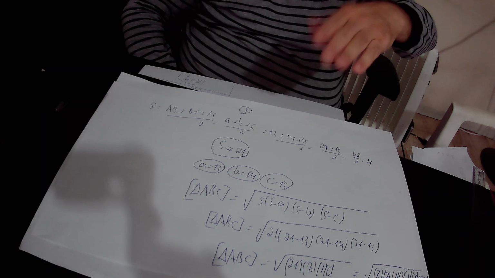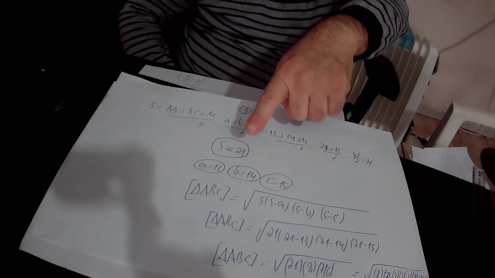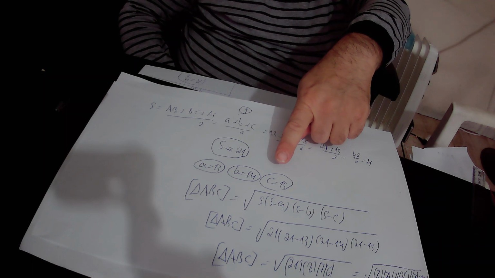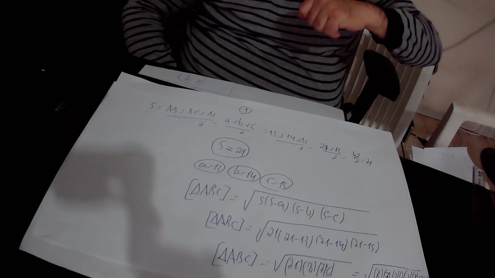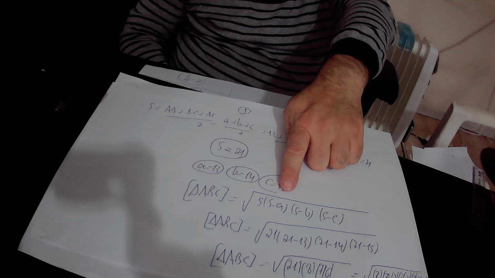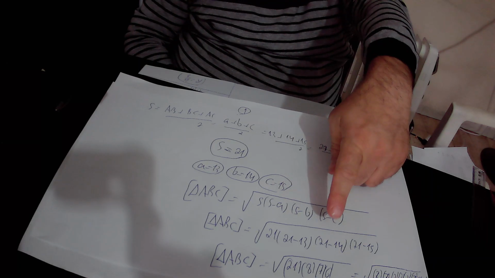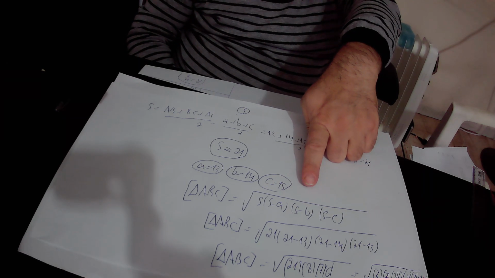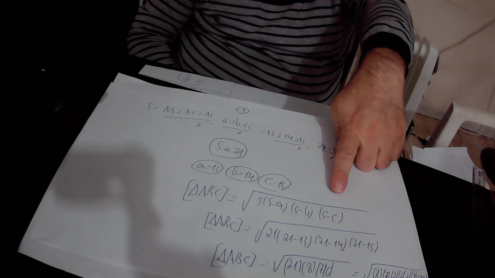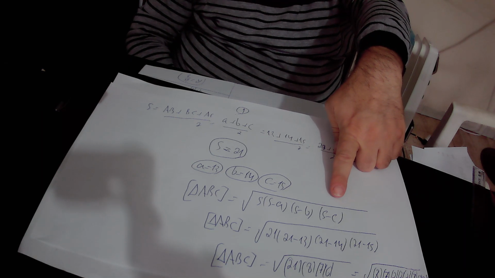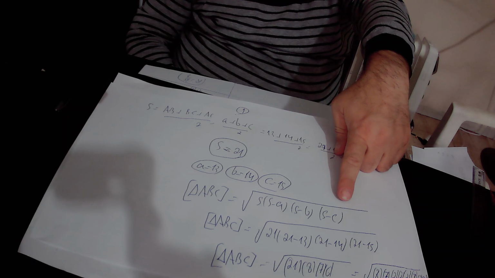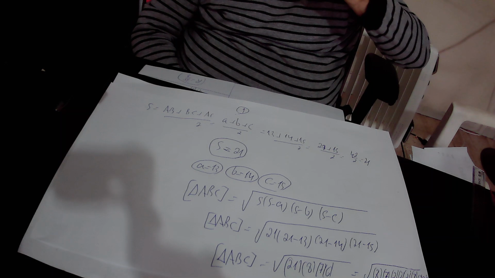The area of our triangle ABC equals the square root of S times S minus A times S minus B times S minus C. S is 21, and A is 13, so S minus A is 21 minus 13. B is 14, so S minus B is 21 minus 14. C is 15, therefore S minus C is 21 minus 15.